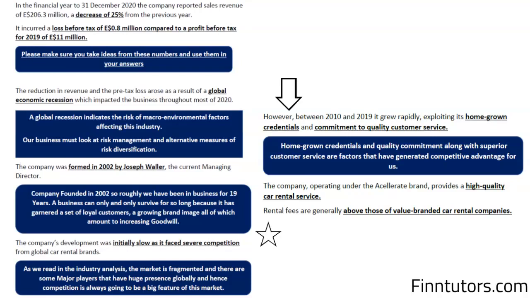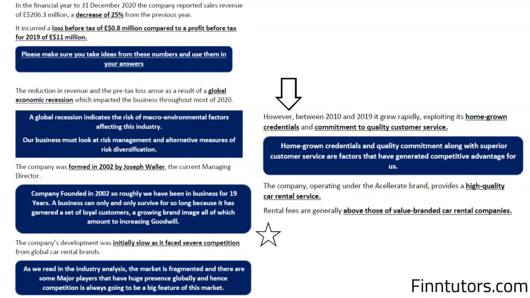The company was formed in 2002 by Joseph Waller, the current managing director. So we know that it was founded in 2002, which means you have been in business for roughly 18 to 19 years. A business can only survive for so long because it has garnered a set of customers, a loyal set of customers. People like its service.